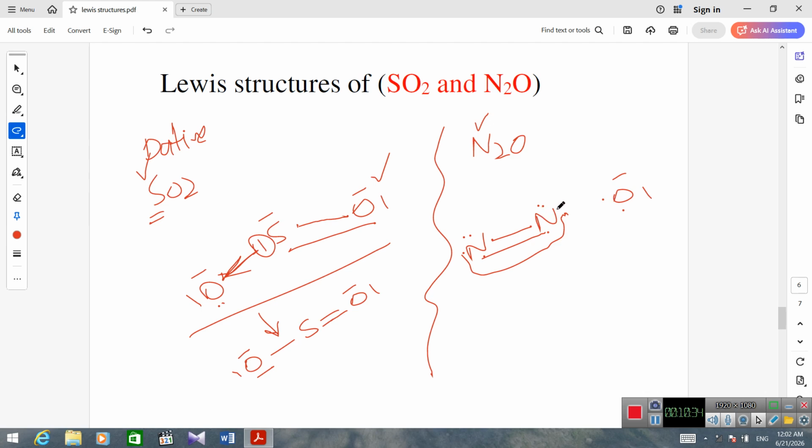Because the nitrogen has no singlet electron, I must unpair and create an empty place for forming a dative bond, and the Lewis structure of N2O will be a triple covalent bond between the nitrogens and a dative bond between nitrogen and oxygen.